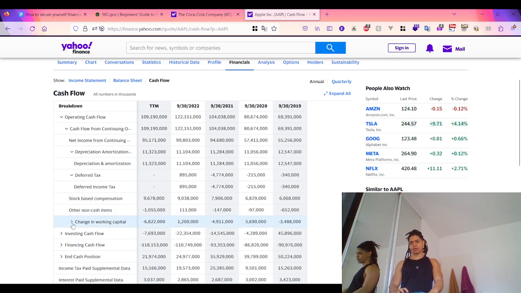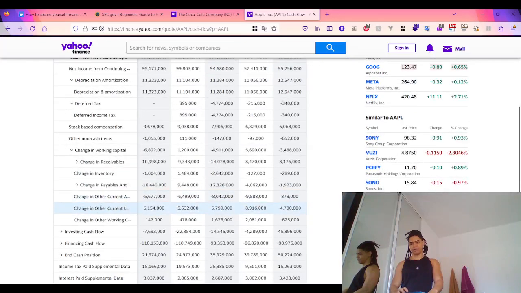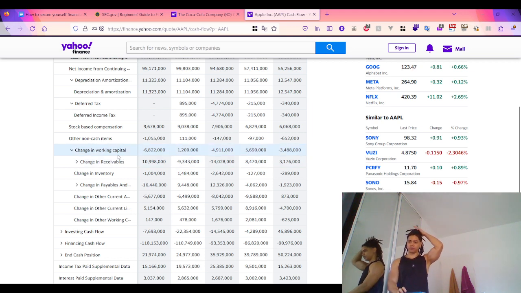And change in working capital, meaning exactly the difference between current assets minus current liabilities.